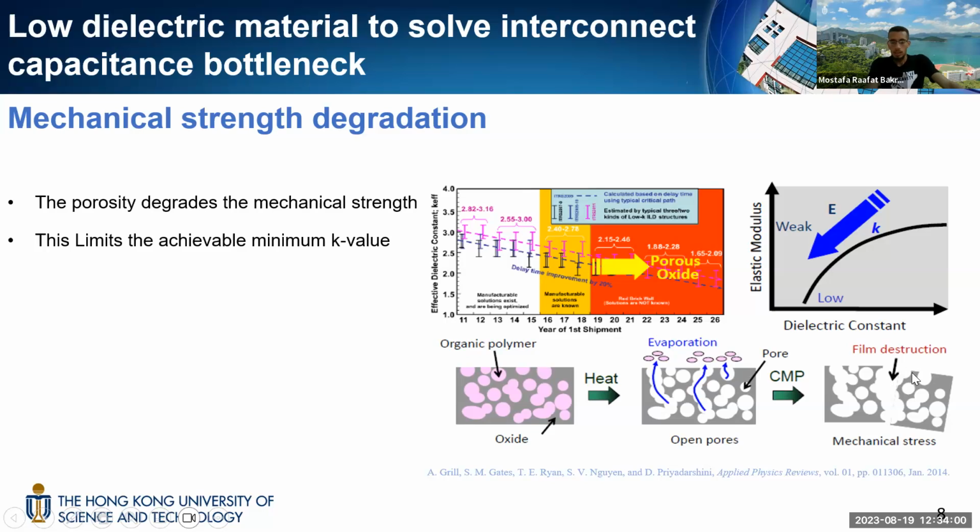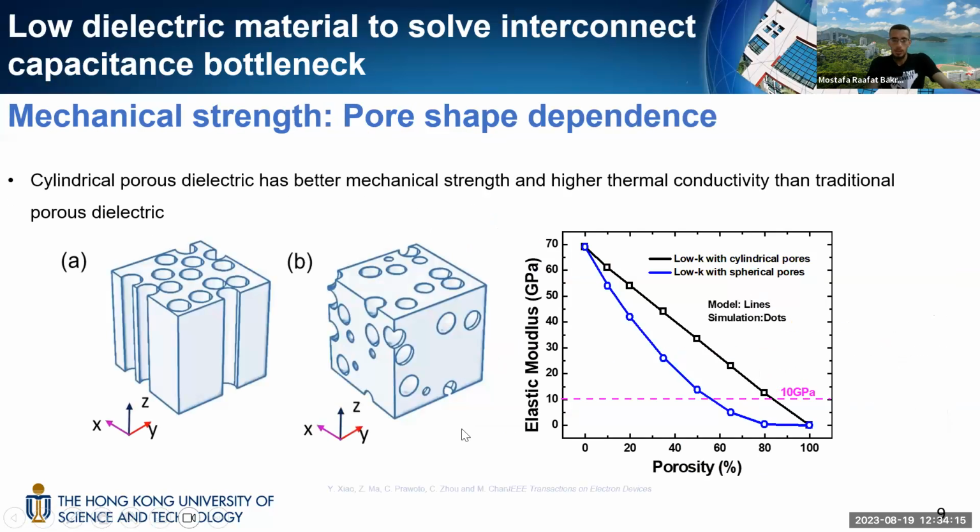Any applied stress to this material can cause failure, and this limits the amount of porosity that we can add into the dielectric material. So a study has been done to replace this kind of dielectric material with another material with cylindrical air pores, as shown here, instead of spherical air pores.